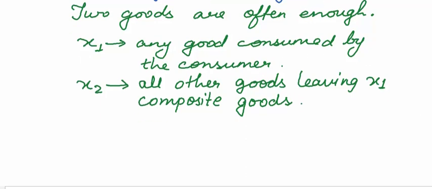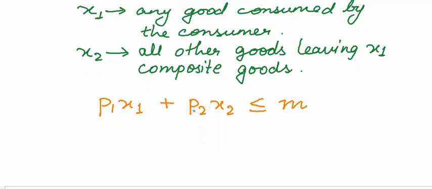So now if we want to represent the consumption bundle with the help of the budget line, we can say that P1 X1 plus P2 X2 is either less than or equal to the income of the consumer. Here we have assumed that X2 is all other goods except X1. So let the price of that second good be equal to 1 rupee.